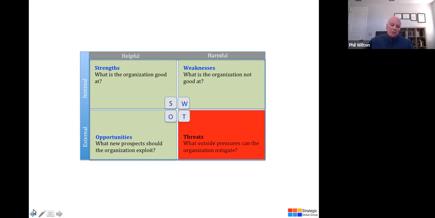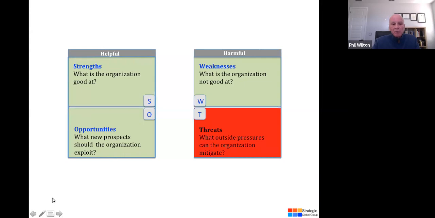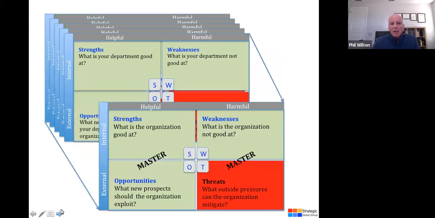So you have complete control over the strengths and weaknesses and the opportunities. And the only box that you don't have complete control in is the red box, which is the threats, primarily because that's outside influences that are impacting your organization. So when you're in an organization, if you're in a medium-sized company, or maybe even some smaller companies where you've got responsibilities with different people, for simplicity, I'm just going to call this the sales, marketing, and service department.